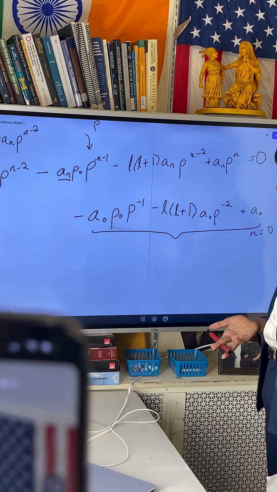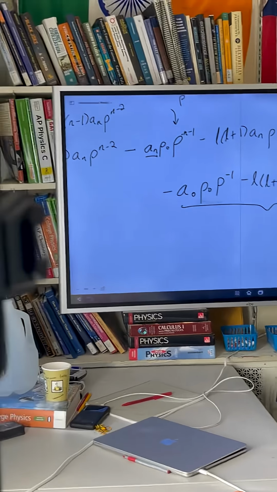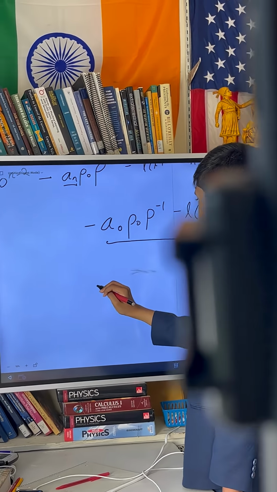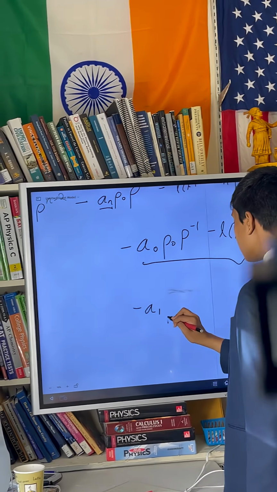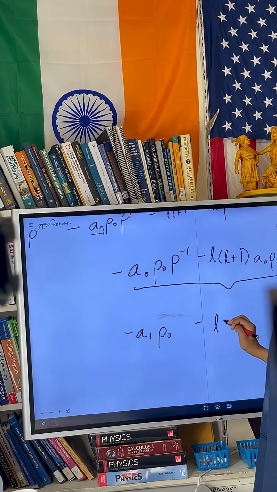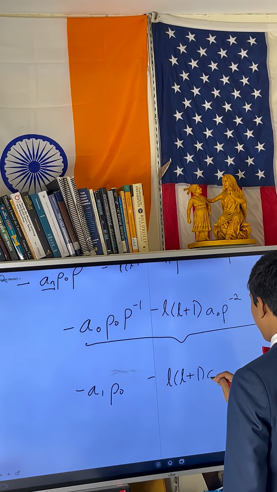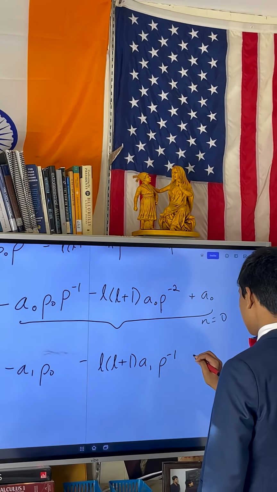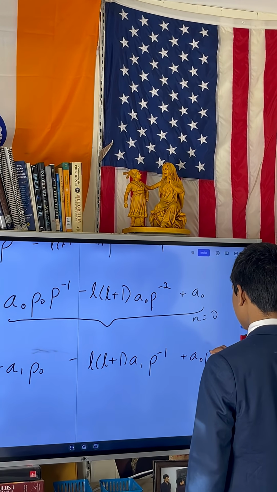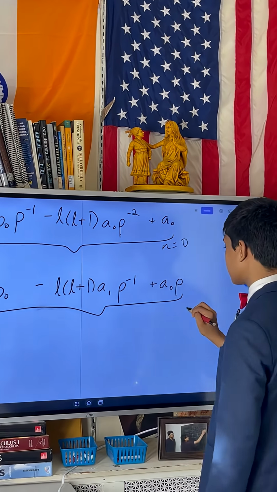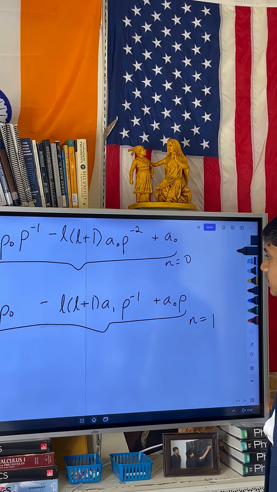The term for n equals 1 is, well, everything over this way disappears, minus A1 rho naught, that becomes 1, minus L times L plus 1, A1 rho to the minus 1, still there, plus A naught rho, which is n equals 1.